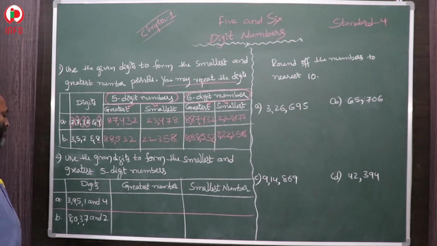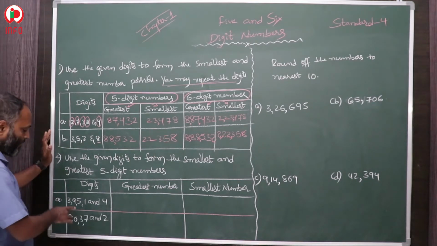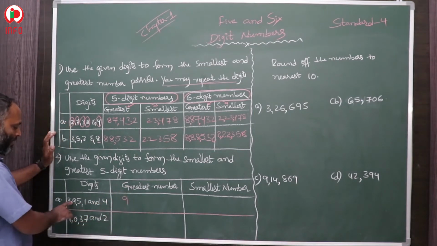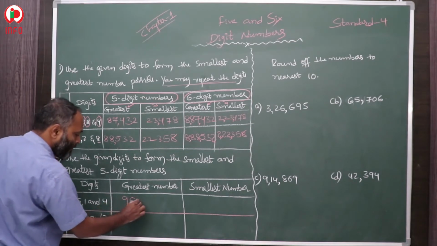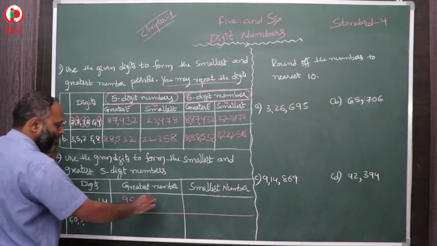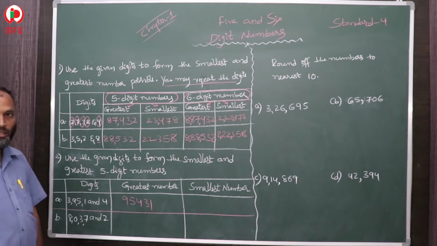How is it very easy? For the greater number, we have to arrange in descending order. Descending order means decreasing order. Decreasing means first we have to take the bigger one. In greatest, first the bigger one, then smaller than this is 5, smaller than this is 4, smaller than this is 3, and smaller than this is 4. This is the greatest one, using all these digits.